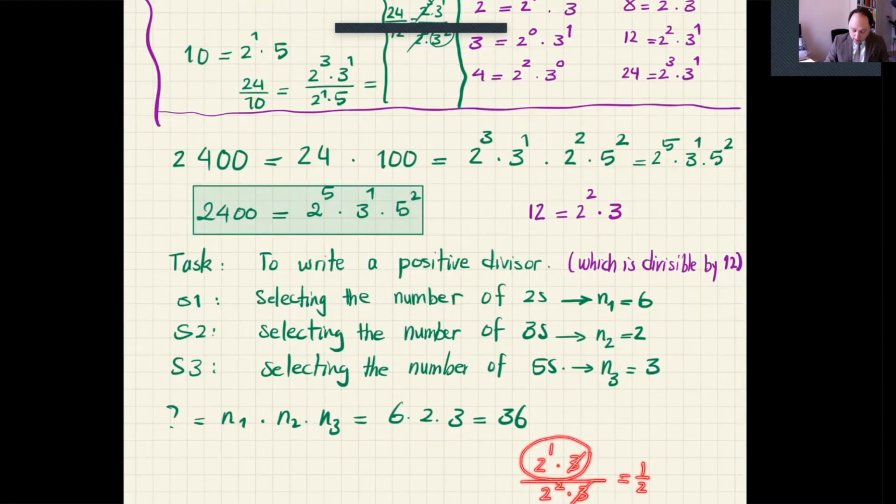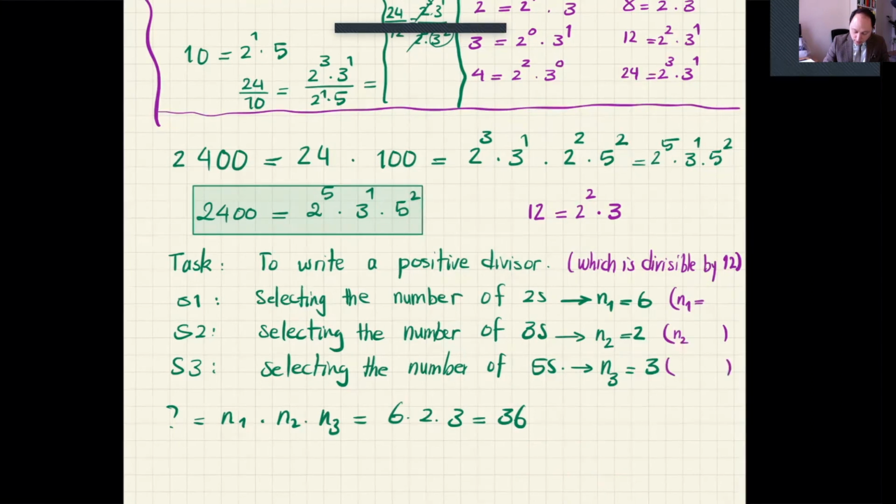So now, how many options are available for N1? How many options are available for N2? And how many for N3 now? Just answer this one.